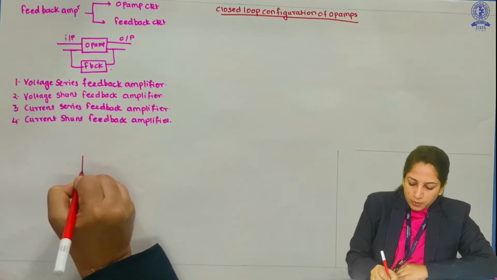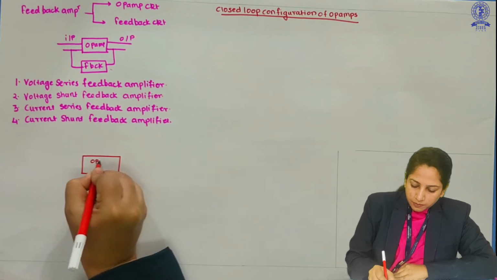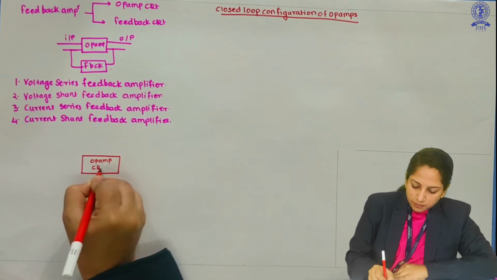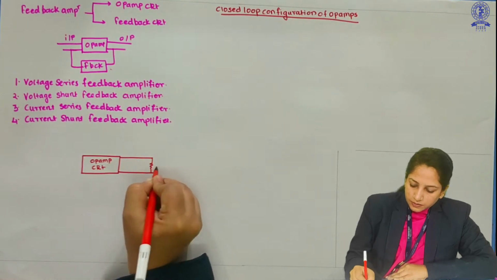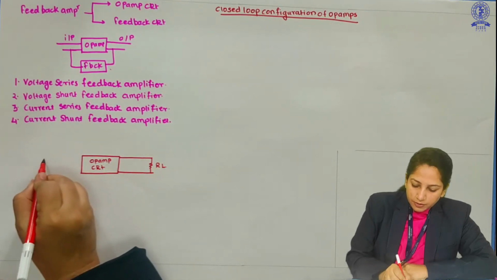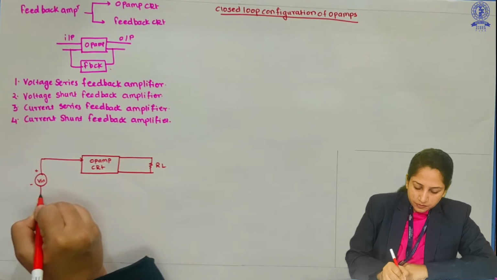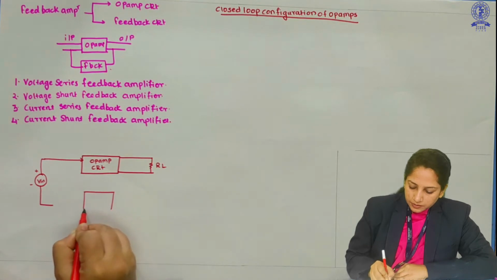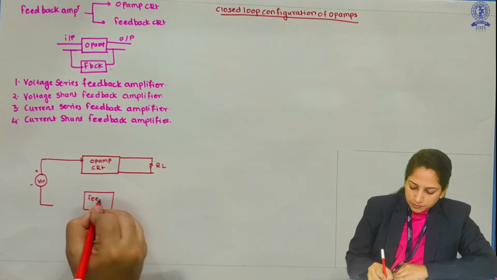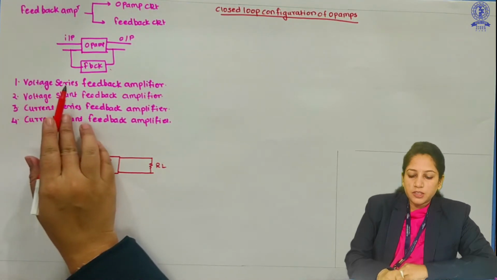Suppose this is my operational amplifier circuit, and here a load RL is connected at the output side, and here I will provide an input signal Vin. Now suppose this is a feedback circuit. The first combination is voltage series feedback.